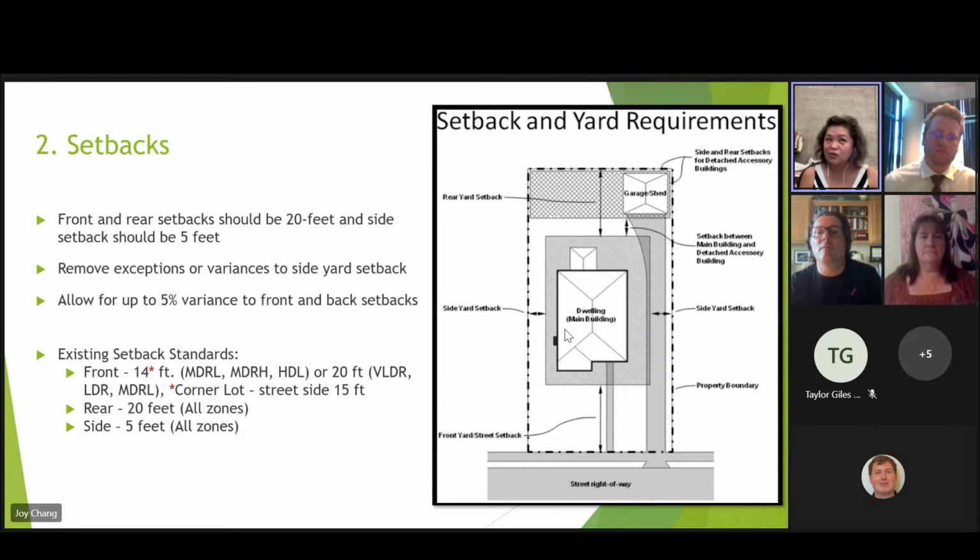There should be no exceptions or variances to side yard setbacks, but allow for a 5% variance to front and back setbacks. I basically identified what the existing standards are on this slide, where it's 14 feet on the higher densities and 20 feet on the lower densities districts.